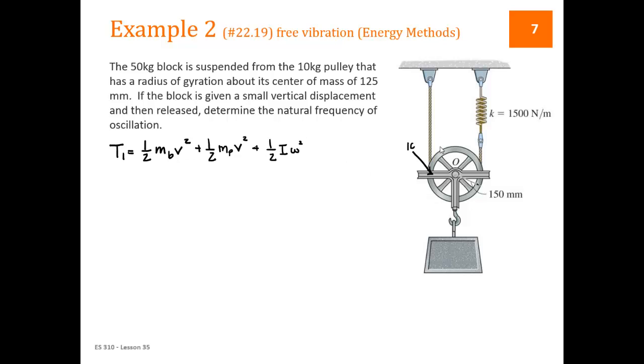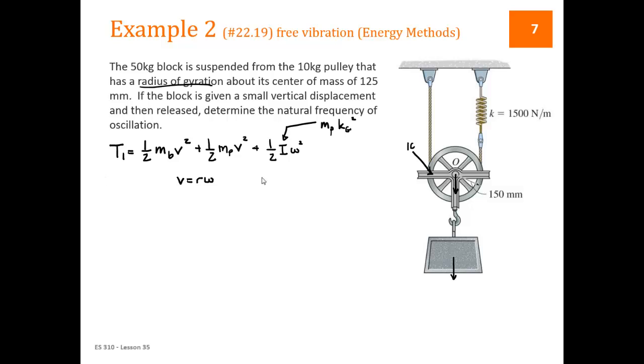Well, that's where the instantaneous center of zero velocity comes in. If this is a fixed point, the V is of this point here, which is also of this box down here. So they're related by V equals R omega, because this is an instantaneous center of zero velocity. For I, they give us the radius of gyration, so this is the mass of the pulley times the radius of gyration squared.